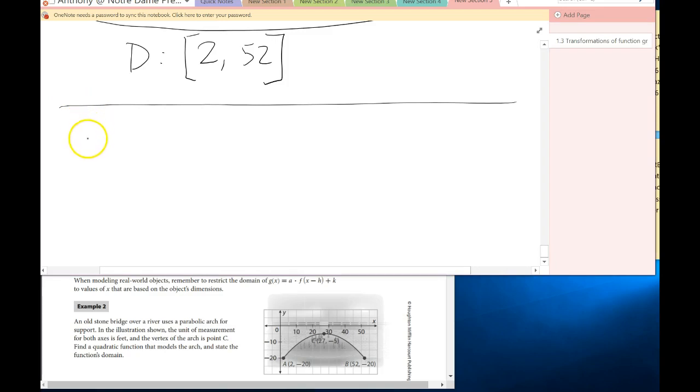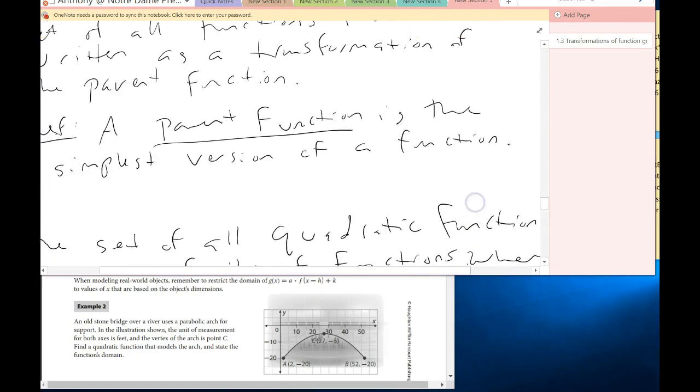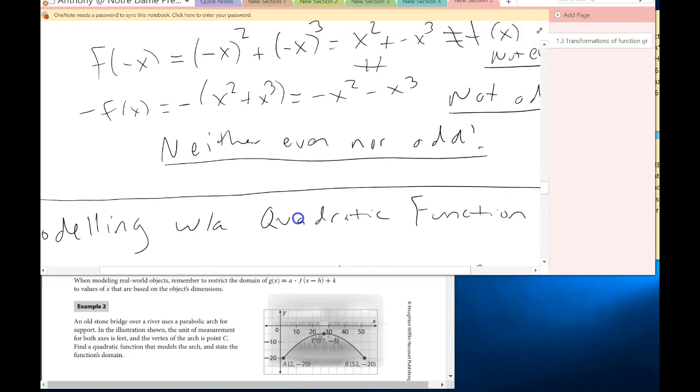Say I have some function. This is backtracking a little bit. I really meant to put this, where did I mean to put this?